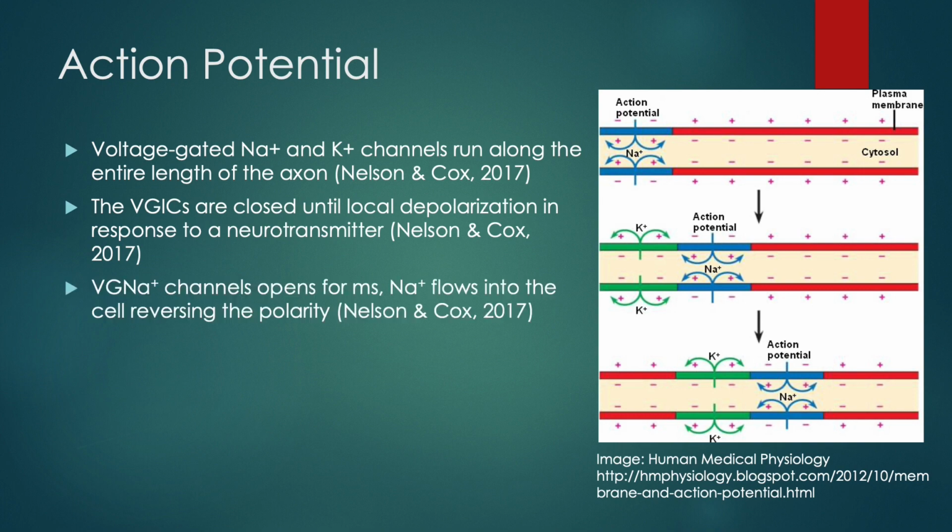And then what will happen is the voltage-gated sodium ion channels will open for milliseconds. That's because the sodium can flow in at a rate of about 10 million per second. And so the sodium ion flows into the cell and it reverses the polarity.